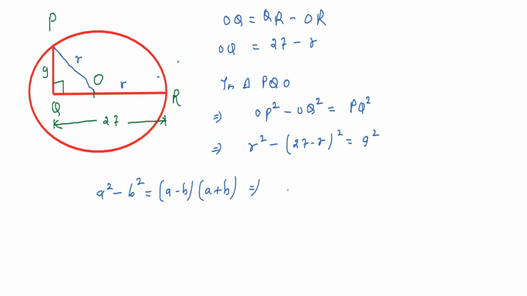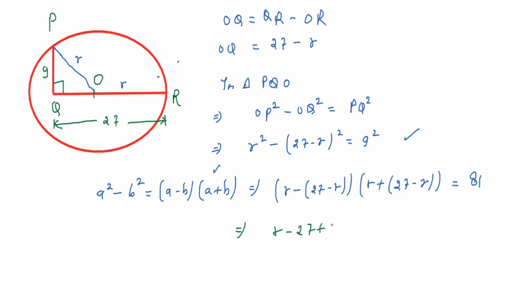If we use this identity on this equation, we can write (R minus (27 minus R)) times (R plus (27 minus R)) is equal to 81. Further, we can write (R minus 27 plus R) times (R plus 27 minus R) is equal to 81.